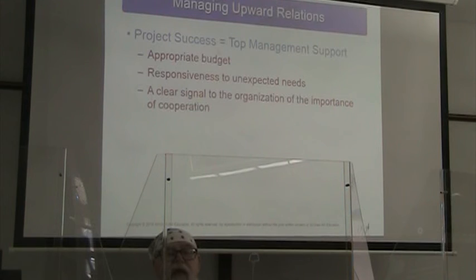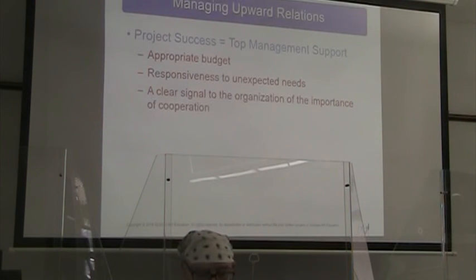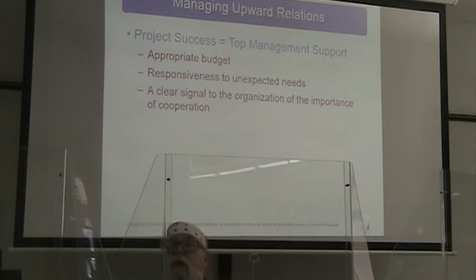So, if we have that support, hopefully that means we have an appropriate budget for what we're trying to do, that we have responsiveness when something unanticipated comes up, and that gives a signal to our company or organization about the importance of cooperation.